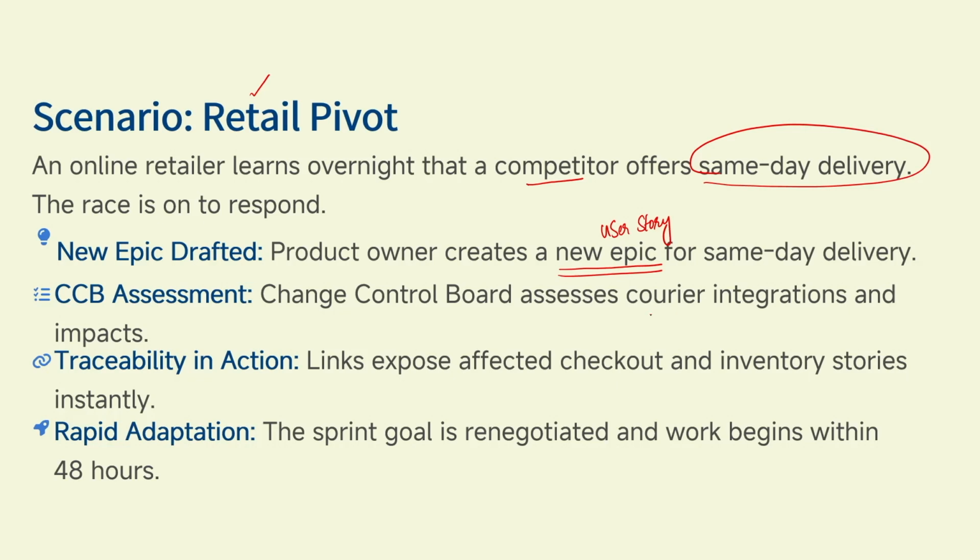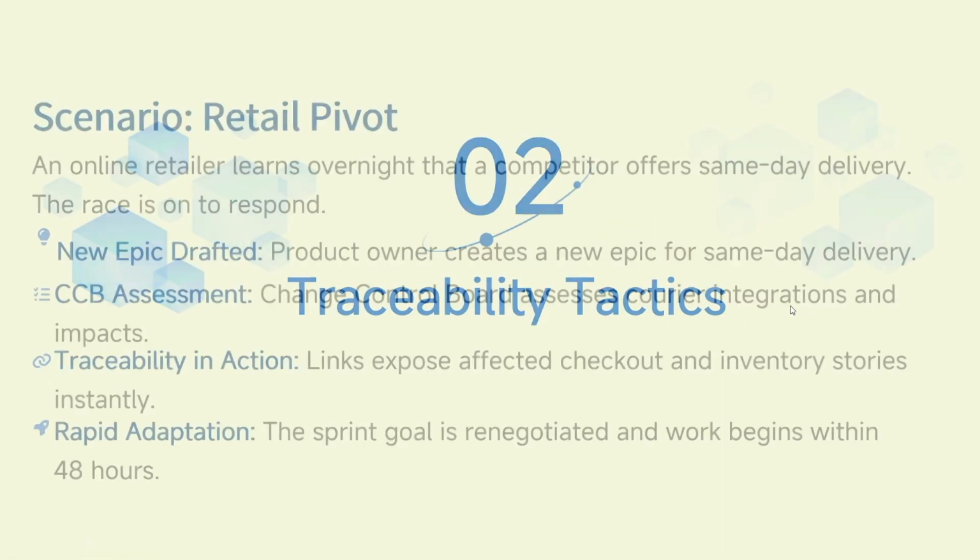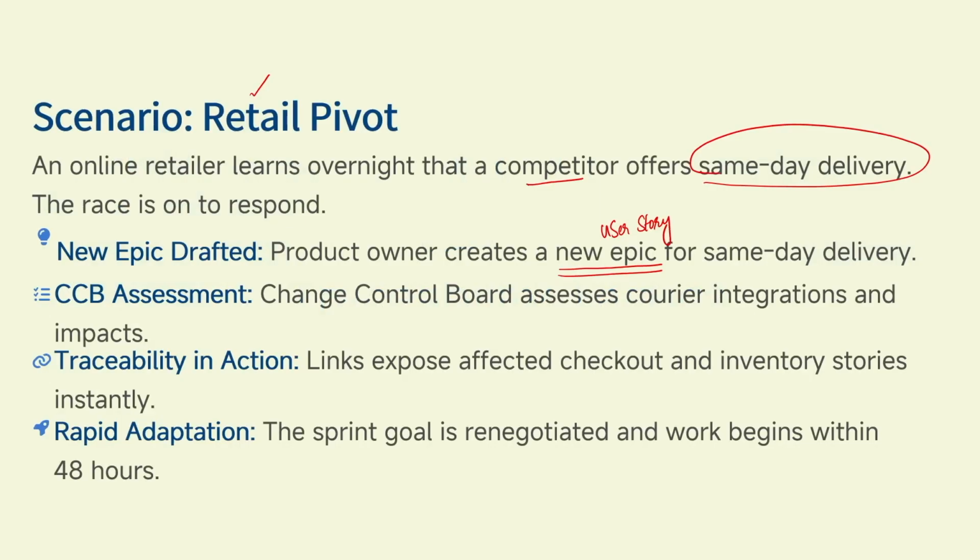It is basically some integrations with the courier services that have created the problem. With respect to the change control, the links are exposed in such a way that they have to check the inventory and the checkout systems. So we are trying to identify the traceability, which means that there is an issue, and that issue is being traced to all its causes.